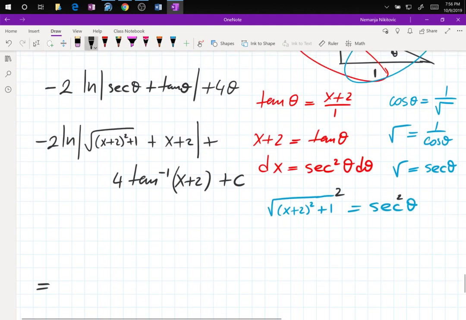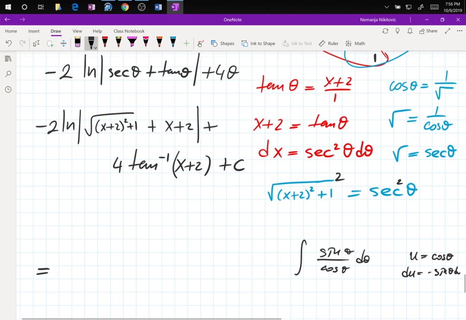Actually, the integral of tangent should be just the log of secant. The integral of tangent is sine divided by cosine, and then you do the u sub. u equals cosine theta, du is negative sine theta d theta.